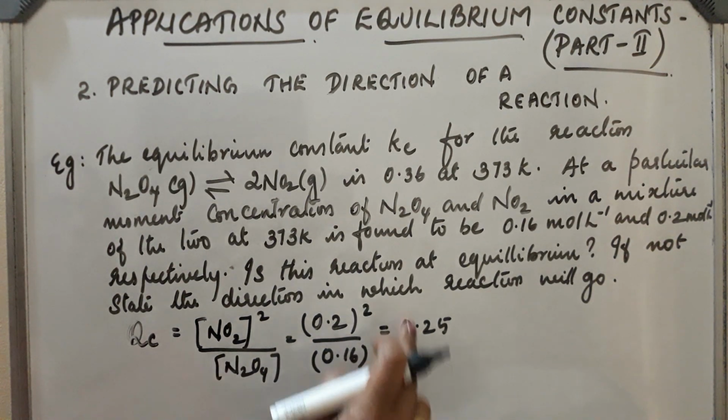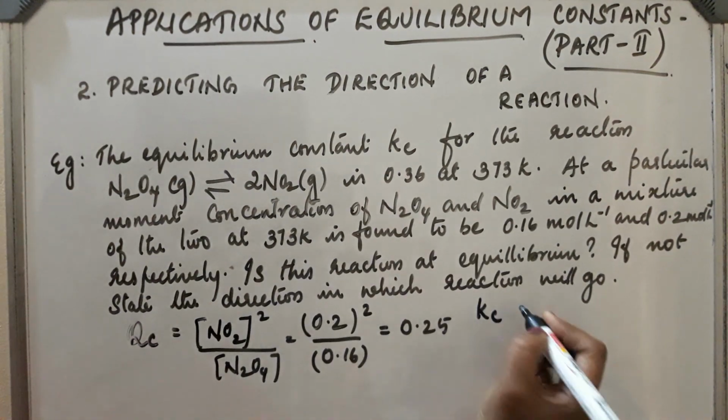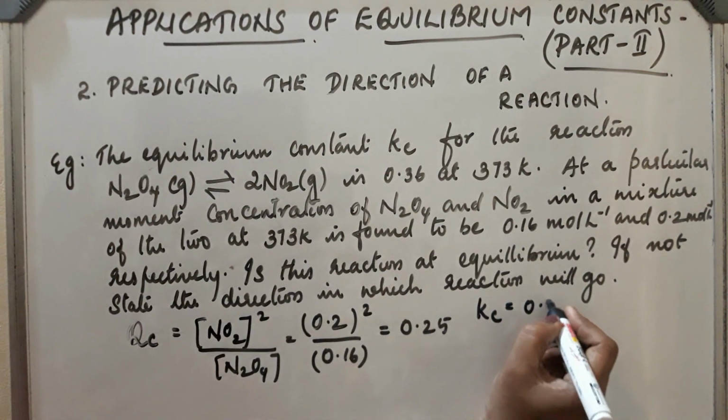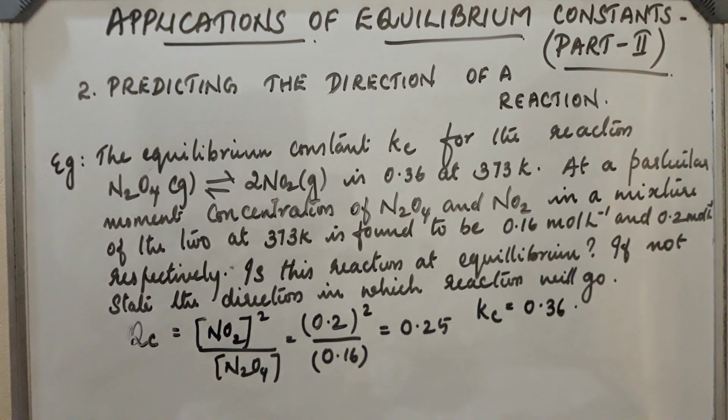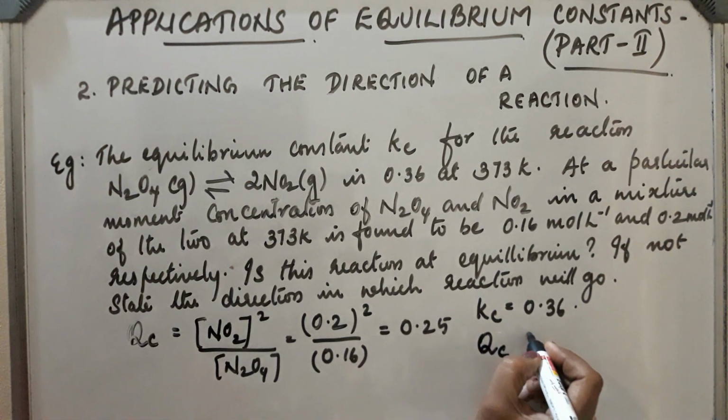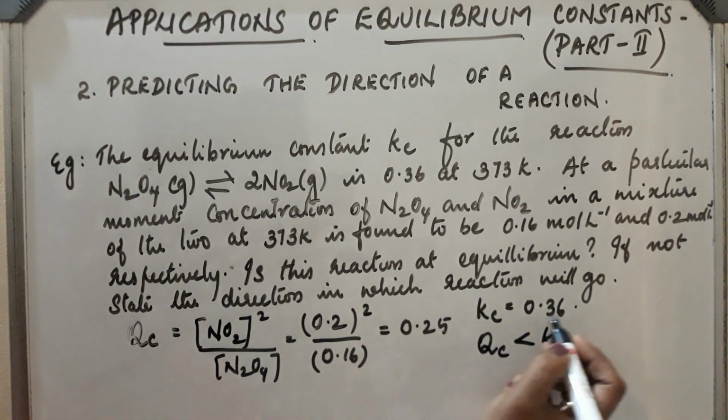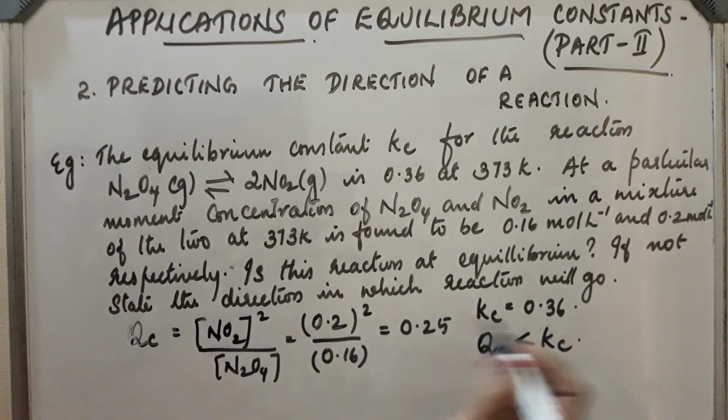We know Kc is already given in the problem as 0.36. Both are different, so the reaction is not in equilibrium. Next, we have to find in which direction the reaction proceeds. Here QC is less than Kc, from 0.25 and 0.36.